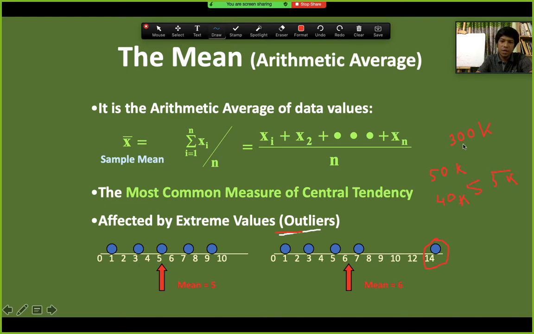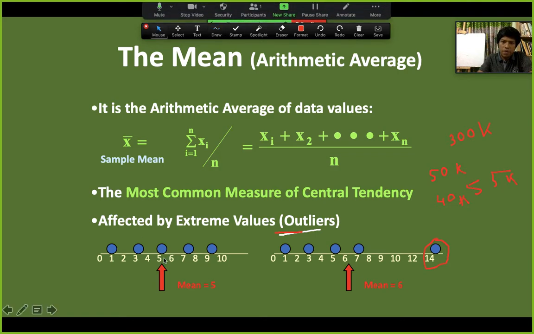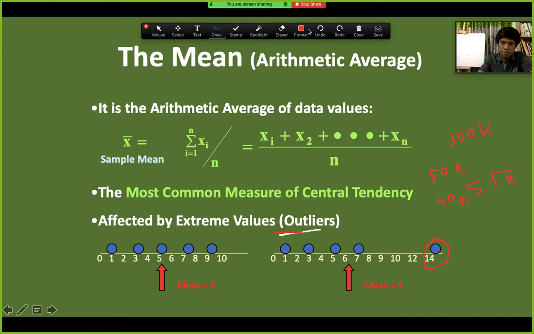But all of a sudden, one guy lives there whose income is 300k, and if we take the average of these values, it will be too much: 300 plus 50 plus 40 plus 55 divided by 4. The average of this data comes to 111.25k.